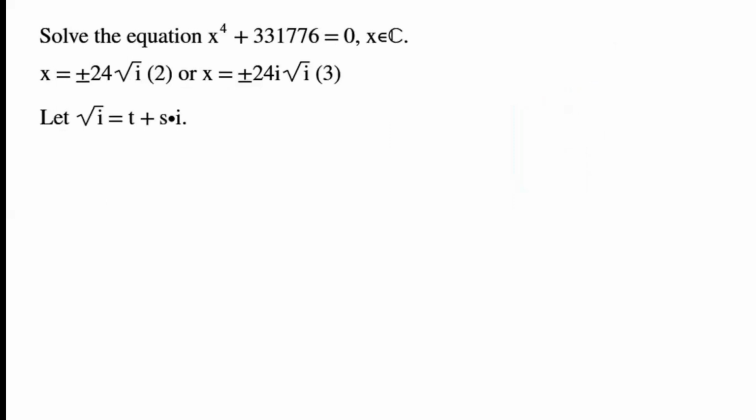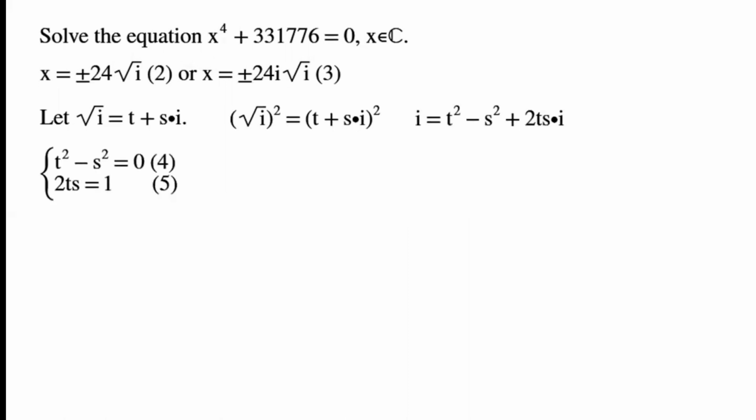Now let root i equal t plus s times i. Then root i all squared equals t plus s times i all squared. Root i all squared is equal to i, and t plus s times i all squared is equal to t squared minus s squared plus 2ts times i.